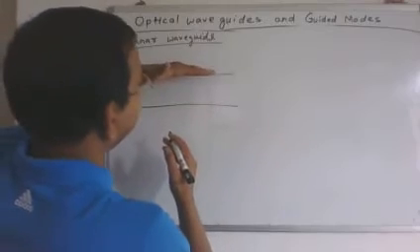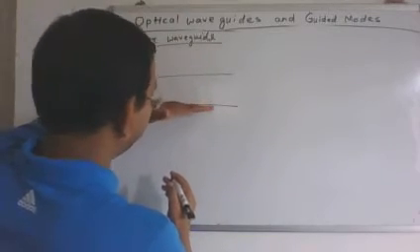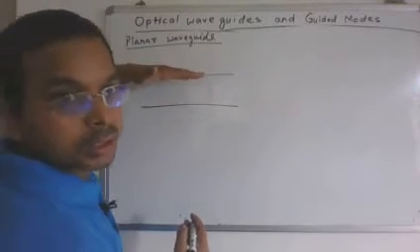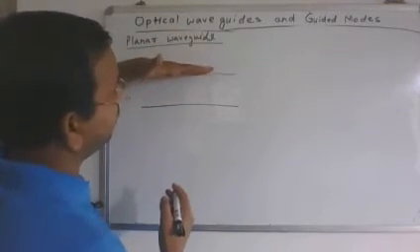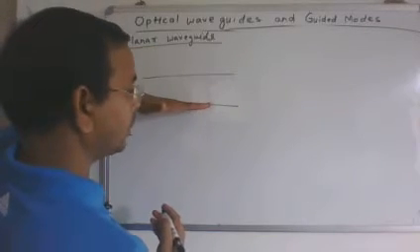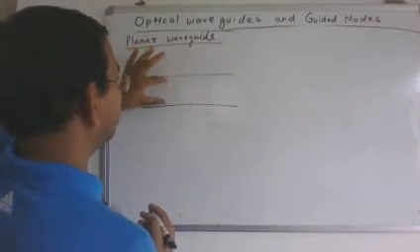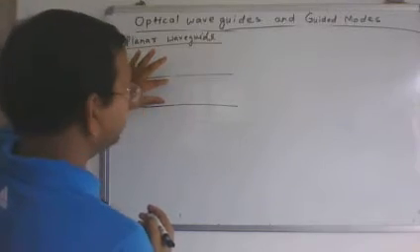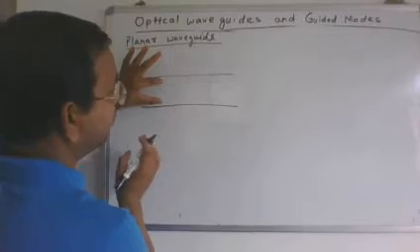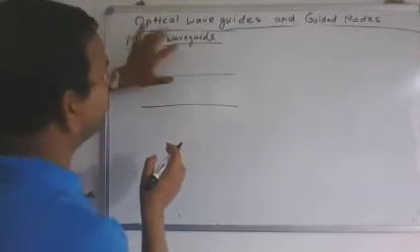One medium is above this plane, one medium is below this plane. This plane is perpendicular to the board. Suppose this is my white board, and this is one plane perpendicular to this white board. Another plane is perpendicular to this white board, and between these two there is another medium, and outside there is another medium. So this medium is called the planar waveguide.